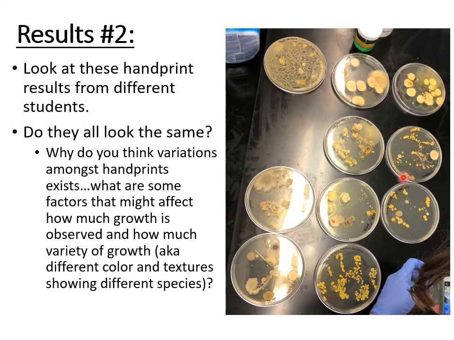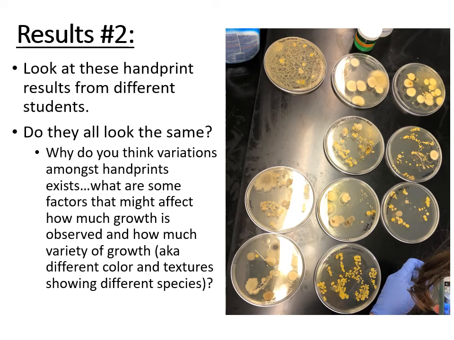When you look at handprints, you'll notice the small, smooth, shiny, circular type of growth is usually bacterial, and some yeast will also grow that way. Whereas the fluffy, flower-like, spreading out growth, things like this blob here, anything fluffy and flower-like is usually mold, fungal growth.